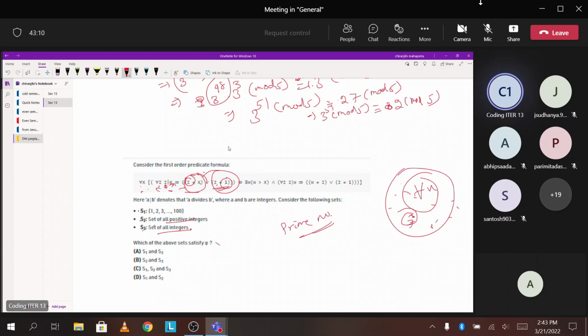Because a prime number is such a number that for all z, if z divides x, then either z equals to x or z equals to 1. Okay, so this is the definition of a prime number, if you remember it.